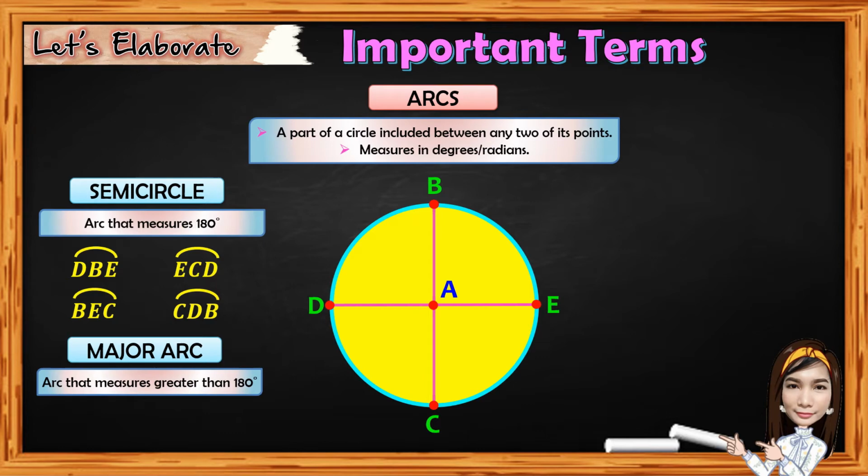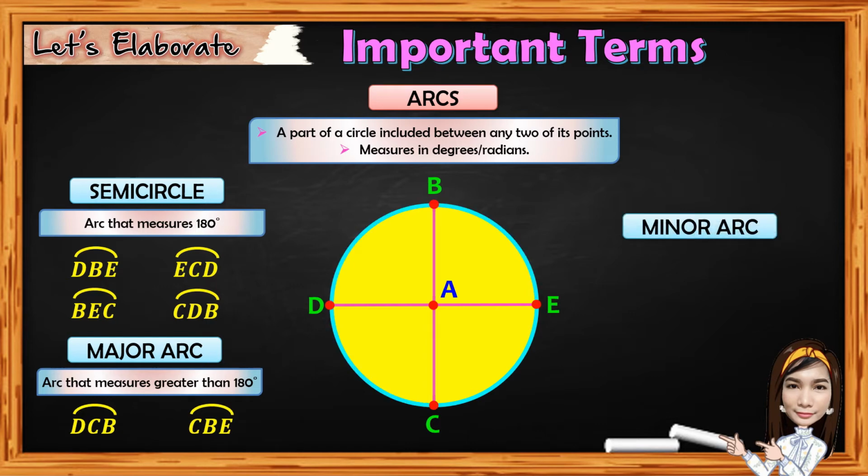These are the arcs that measure greater than 180 degrees. Examples are arc DCB, D going to C, going to B. So that is greater than 180 degrees. Another, we have arc CBE, C going to B is 180 degrees, going to E is greater than 180 degrees.